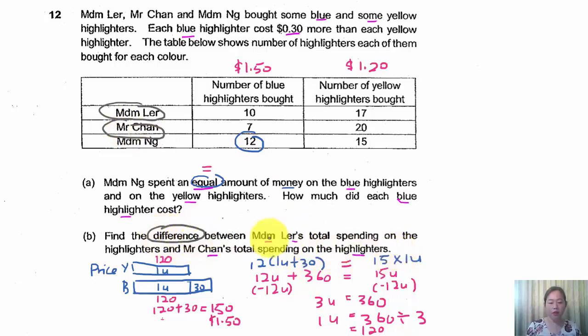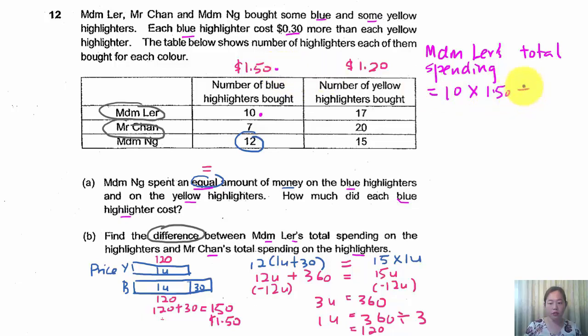In order to find the total spending of Madam Le, it's equal to 10 multiplied by 150 plus 17 multiplied by 120, and we will get $35.40.